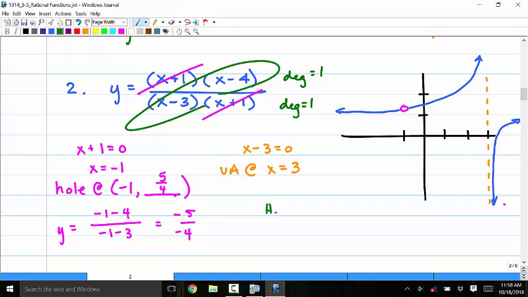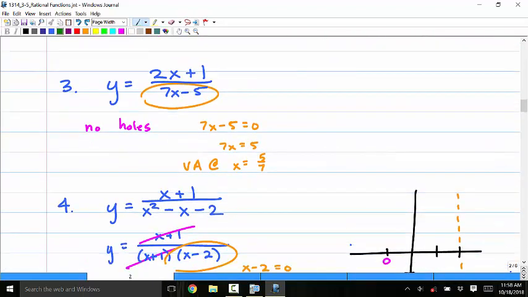So there is a horizontal asymptote at y equals 1 over 1, so y equals 1. There's a horizontal asymptote here. You see the function you're looking at as x minus 4 over x minus 3. Ratio of the leading coefficients is 1. Was there another one? Yep.